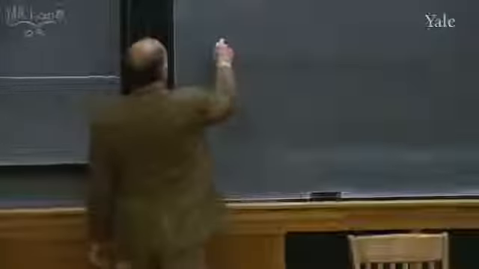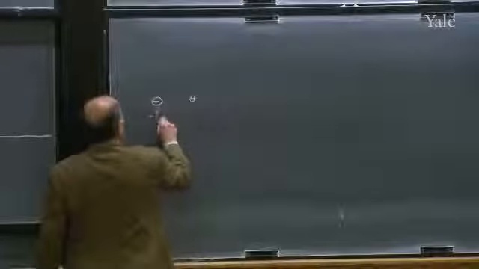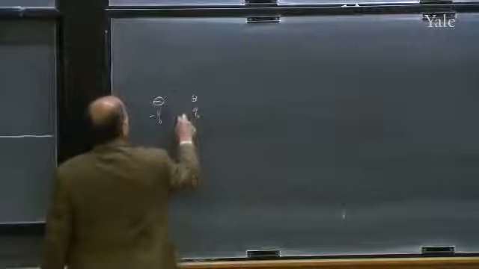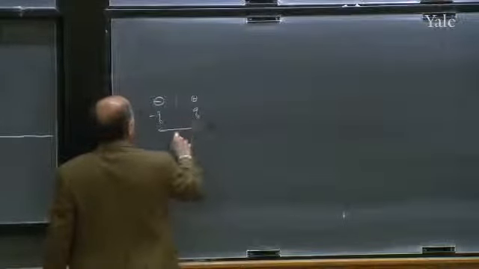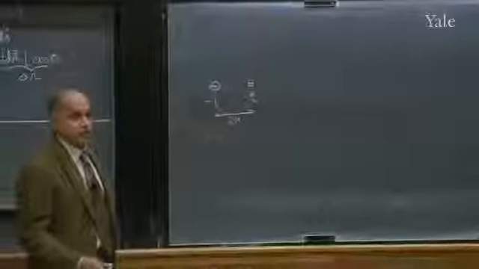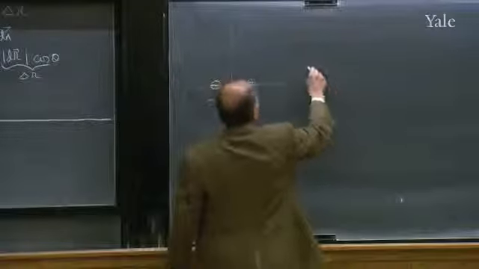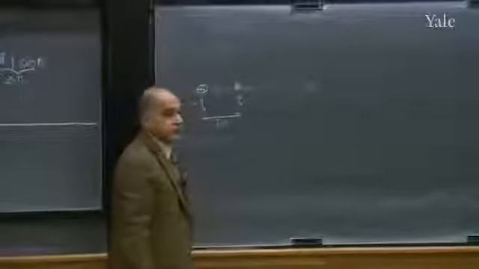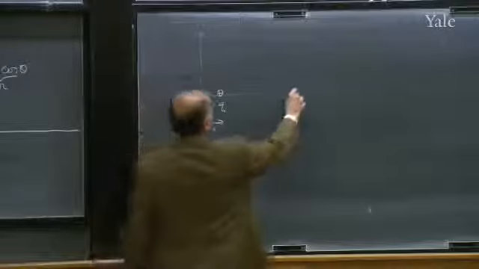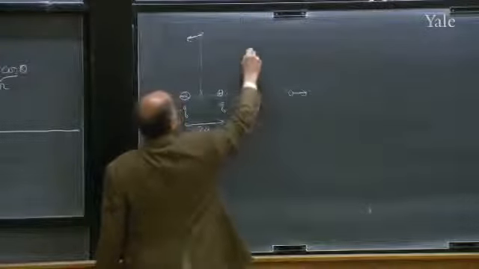We are trying to find the electric field due to a dipole, minus q and plus q, separated by a distance 2a. If you did it with forces, I didn't even try to do it everywhere. I remember I did it here, and I did it there. The force here was like this. The force there was like that. Then I said, if you do a lot of work, you'll get all these lines.